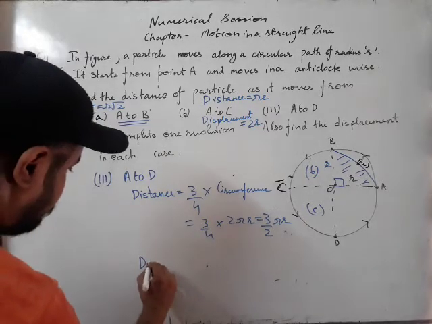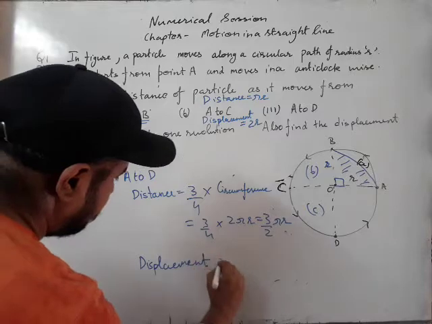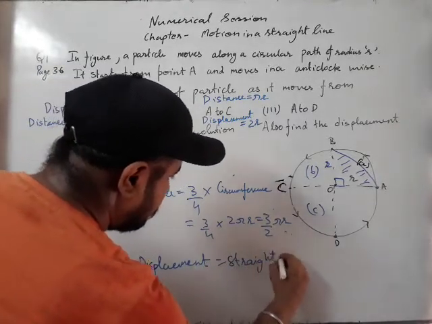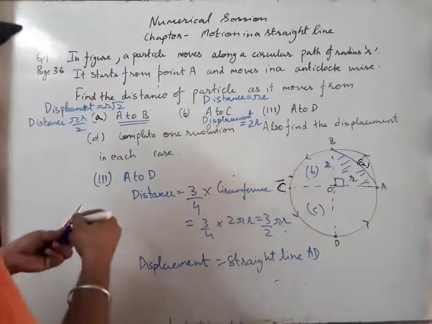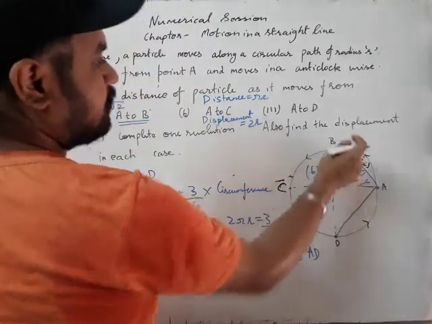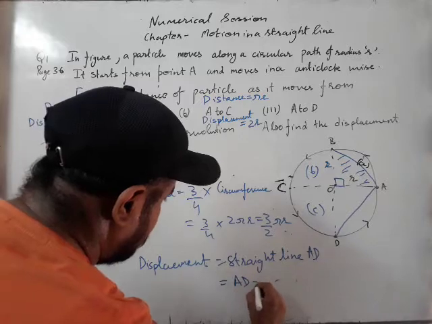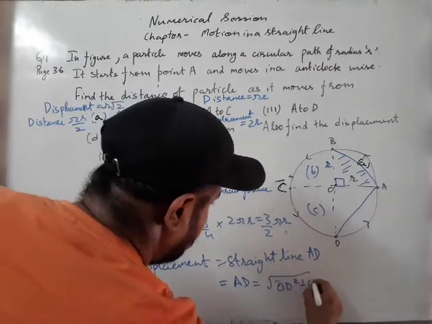And displacement, again I am letting you know, it will be the straight line AD. Now I am joining it over here. It will be just similar to that of AB. AD will be equal to under root of OD square plus OA square.